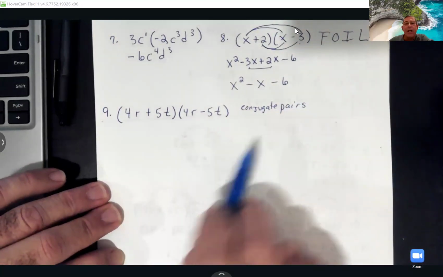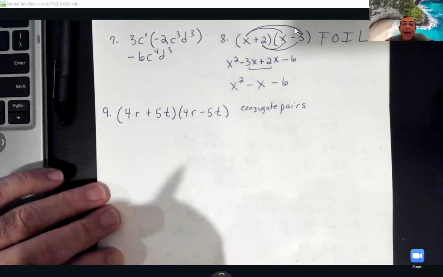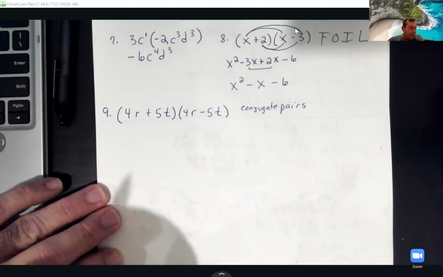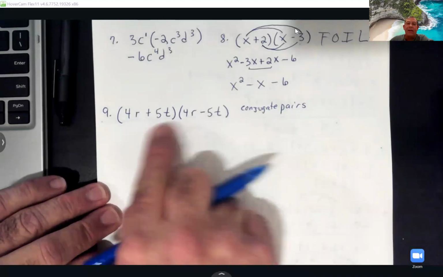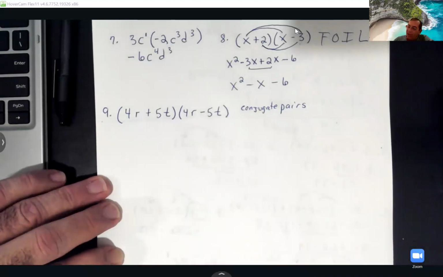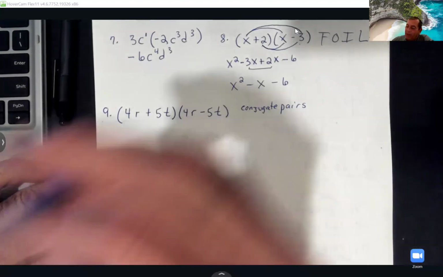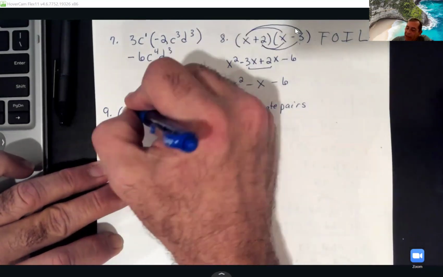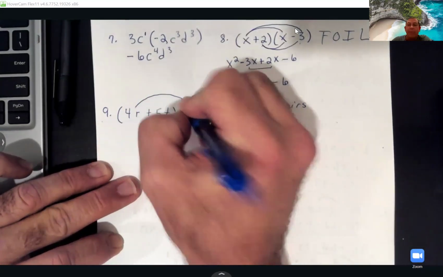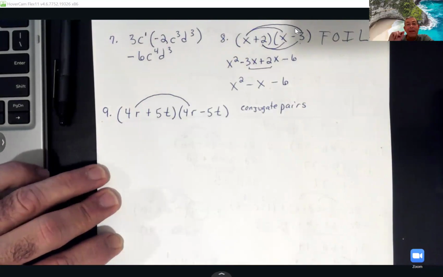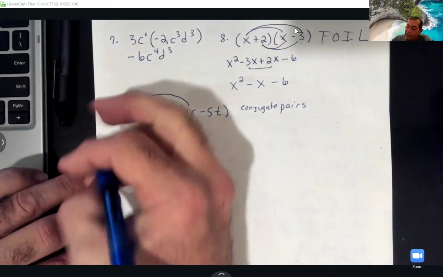Now, when I FOIL these conjugate pairs, you're going to see something happen, okay? And this is only true when you got conjugate pairs. But y'all, let's FOIL it and see what happens. So how about that 4r times 4r? That is a 16r squared.